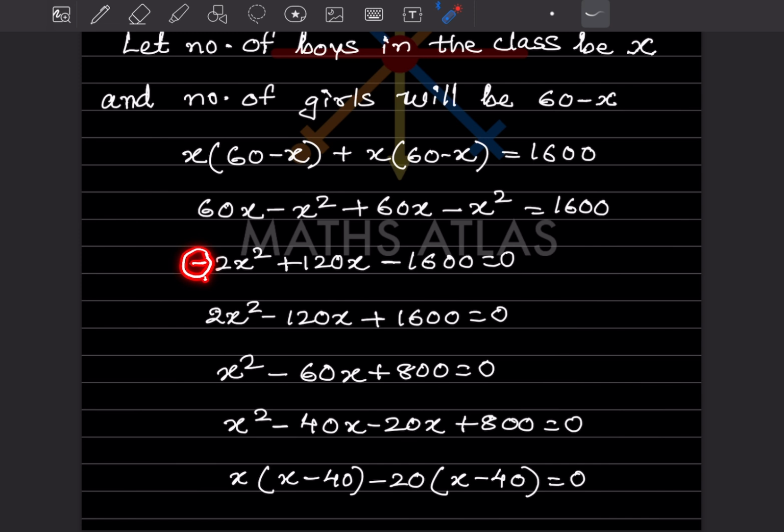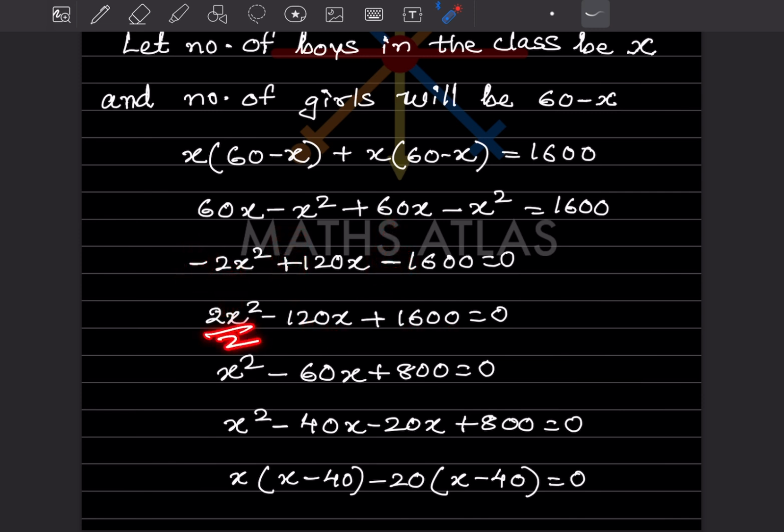If it is negative, you have to make it positive. Suppose we are making this positive, this minus becomes plus, so this will be 2x square. When you change this sign, you have to change the sign throughout. So this will be minus and this is going to be plus. Be careful with this step as well. So now this will be minus 120x and this will be plus 1600 is equal to 0.